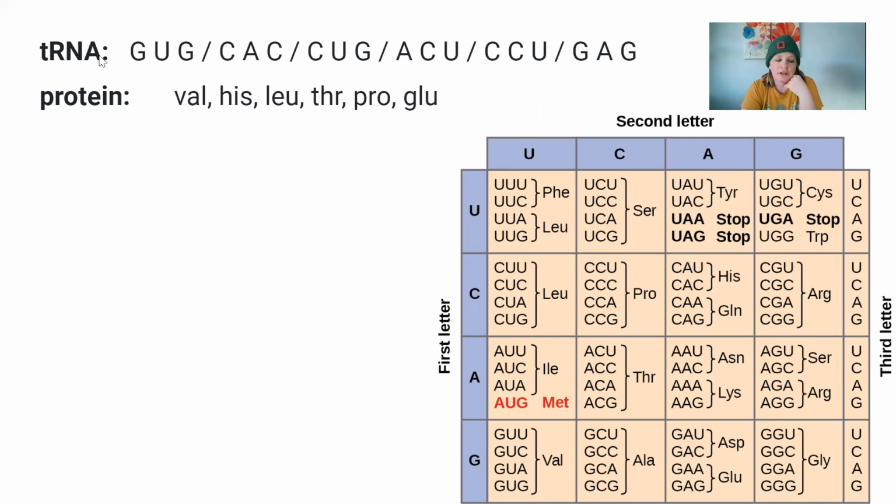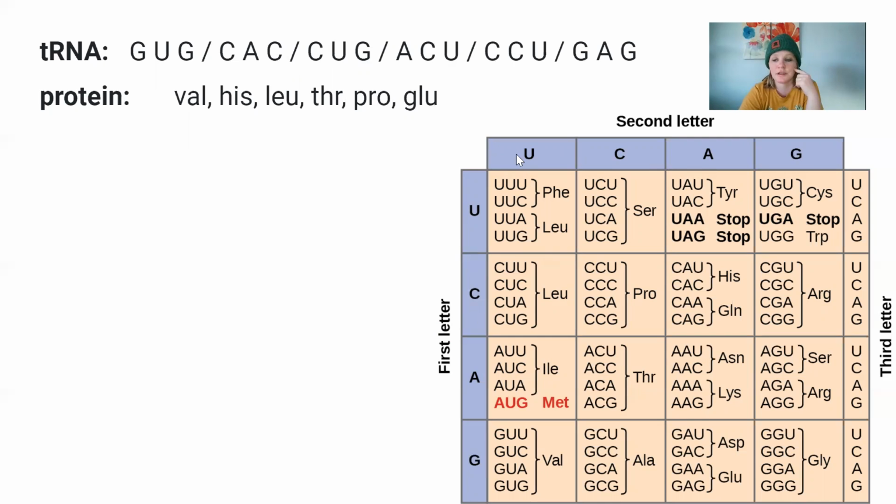So we'll just start here with our first codon. We'll look at GUG. On the left side is our first letter. So we need to find, okay, it's G. So it's not U, not C, not A, it's G. Now our second letter, that information is across the top.